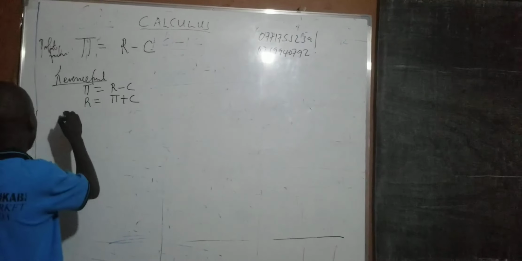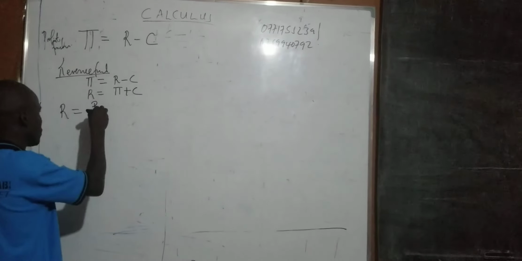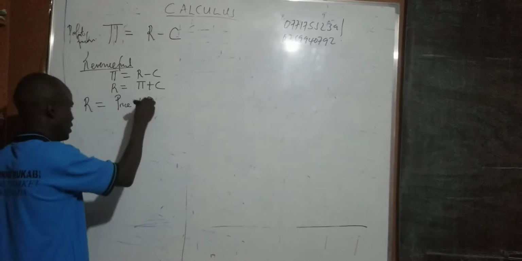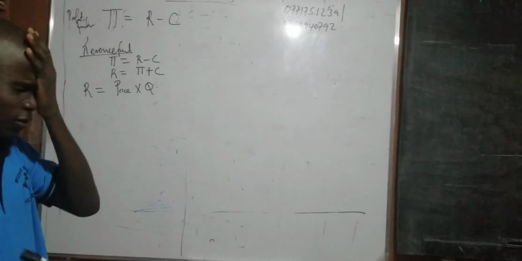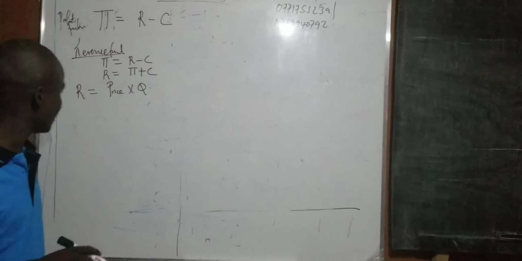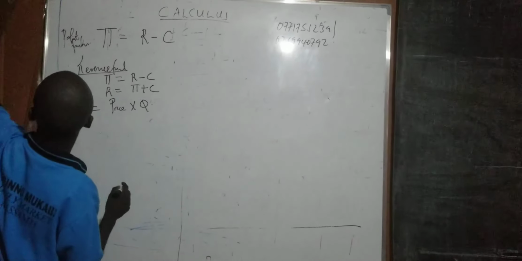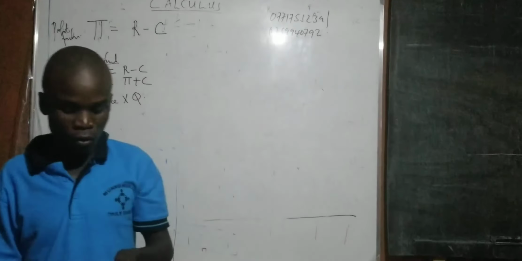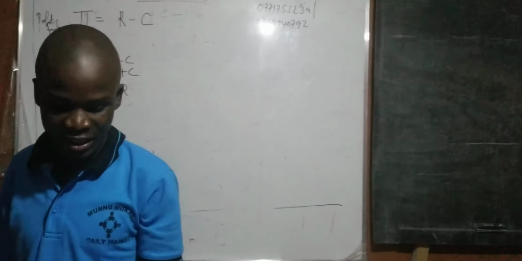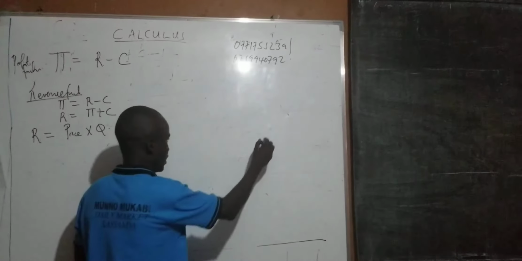But the revenue is got by price times quantity. So not this. The revenue function is always got by price times quantity. Assuming these are pens, I want to know the amount of revenue I get from these pens. I check how many pens there are: there are 50.